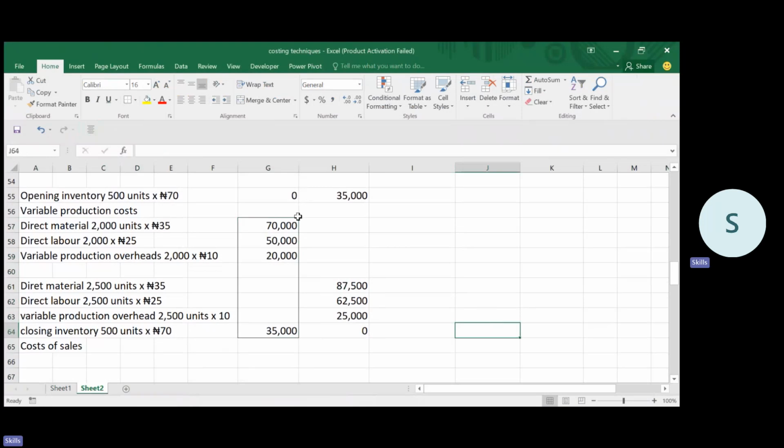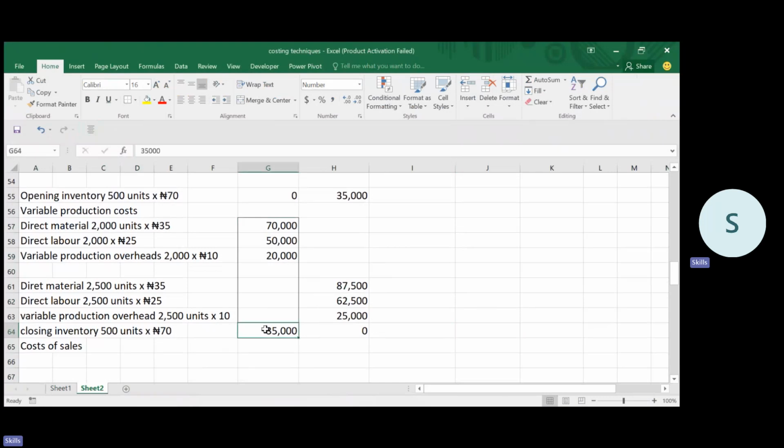So 70,000 plus 50,000 plus 20,000. This 35,000 is a closing inventory.